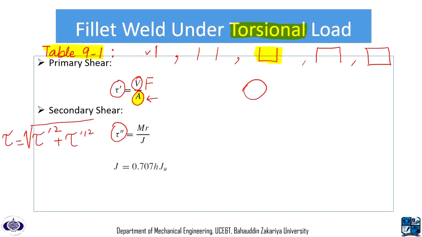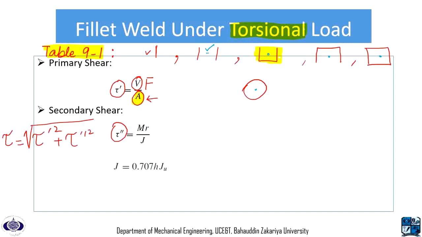Similarly, each of these welds has a centroid. For example, in this first profile, the centroid or the G point is going to be in the center. The G point for the second profile can be at this point, or at this point. We will have to look for the profile and then we can find the G points.